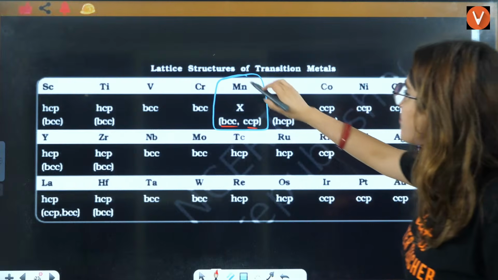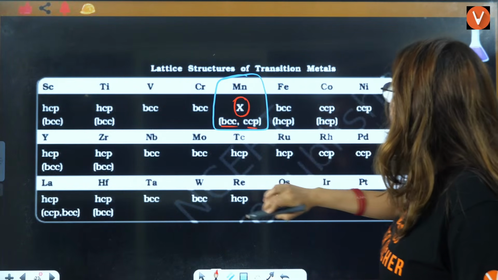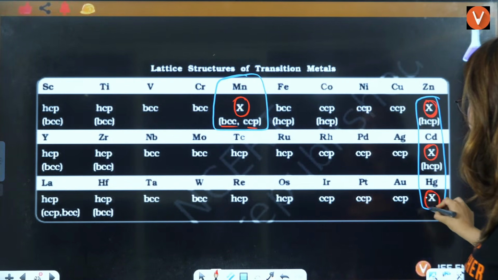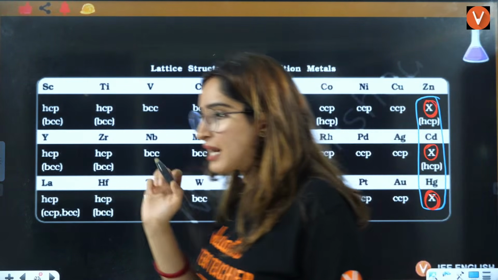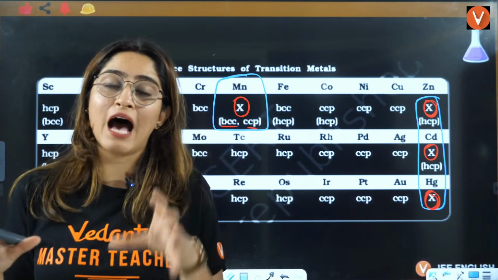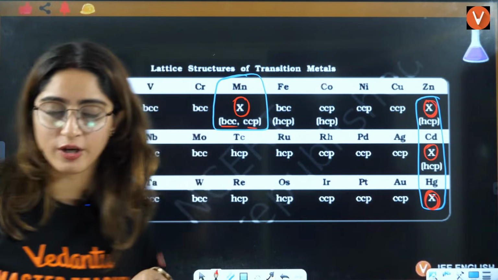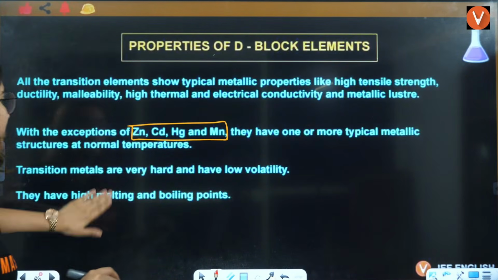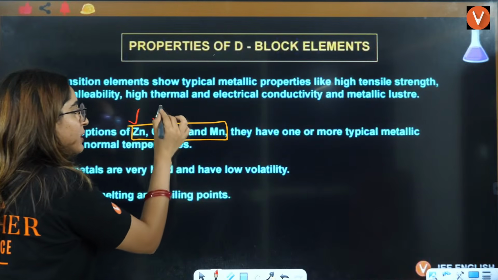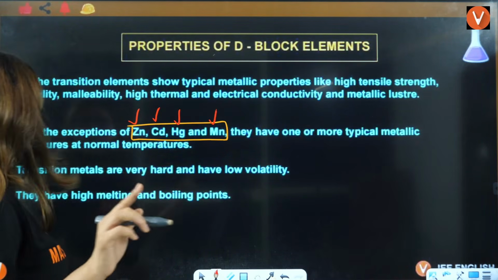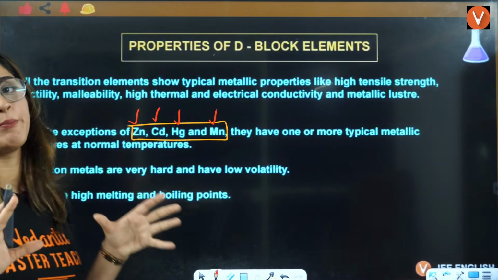So for manganese, they have written X here. Here they have written X, here X, here X. So this X symbolizes that these elements in the D block don't have a proper lattice structure. And that is the reason, with the exception of zinc, cadmium, mercury and manganese, they have one or more typical structures at room temperature.